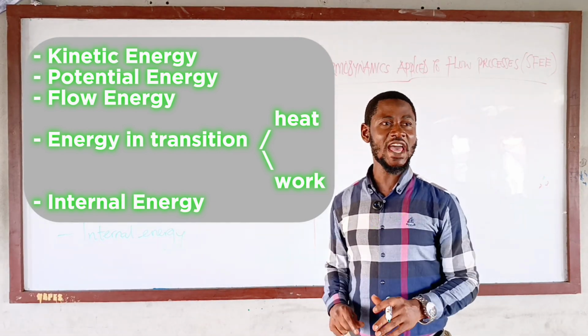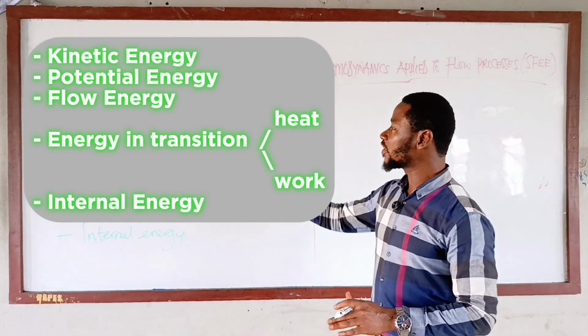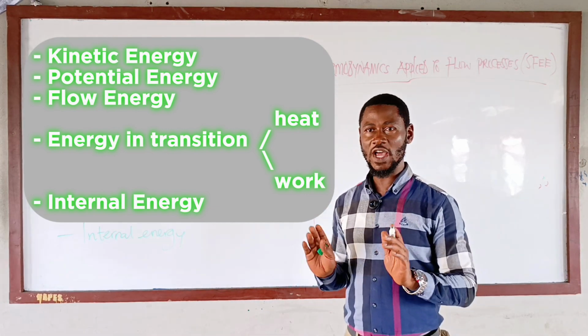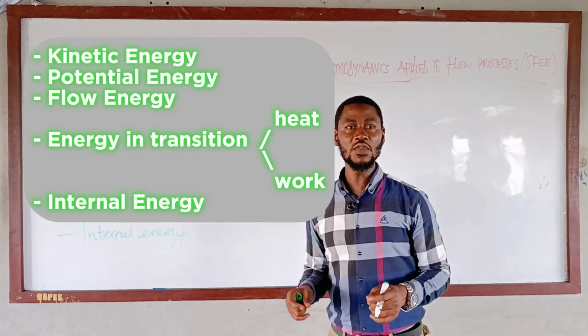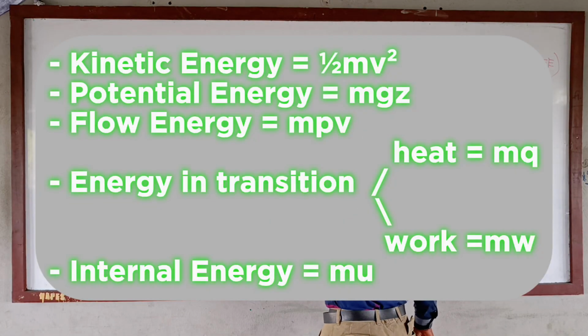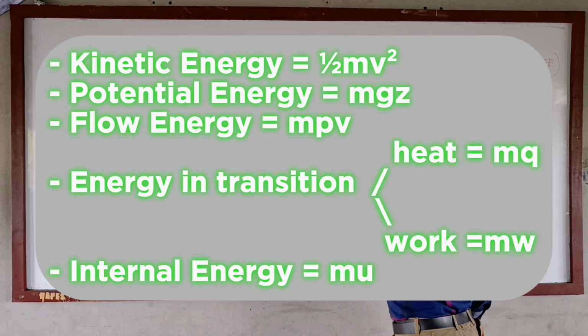Now, we want to derive the steady flow energy equation by adding all these forms of energy together. That is what will give us the steady flow energy equation. As we all know, kinetic energy is given as half mv square, the potential energy is mgz, the flow energy is mpv, then heat is mq, and work is mw.